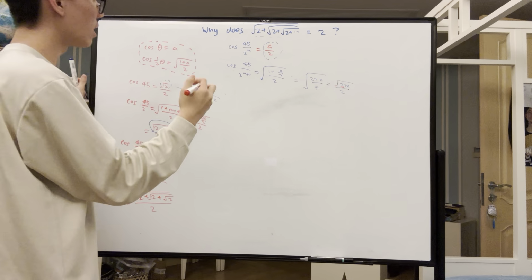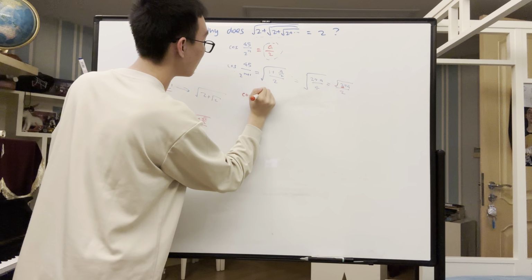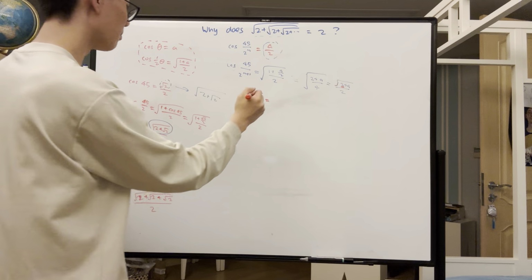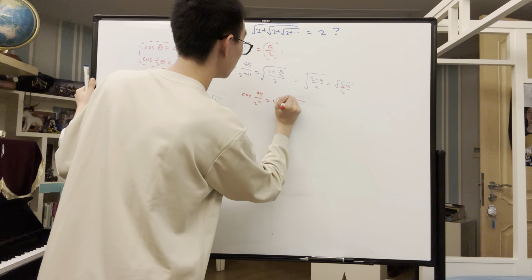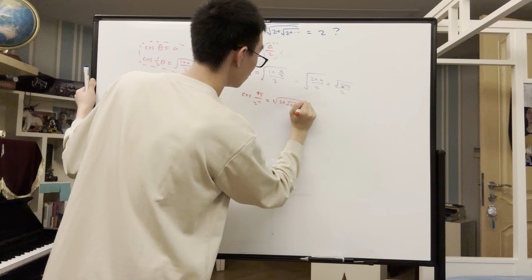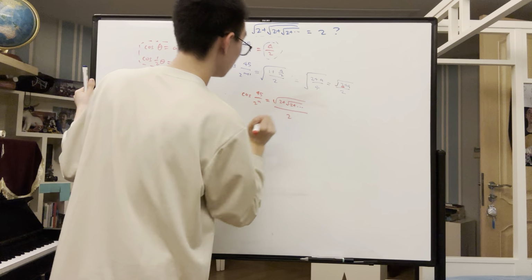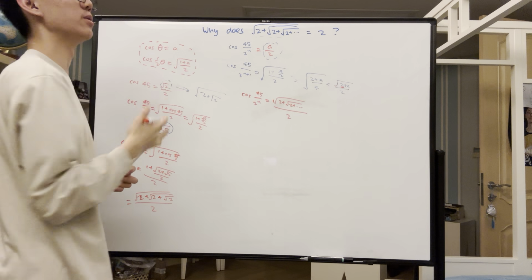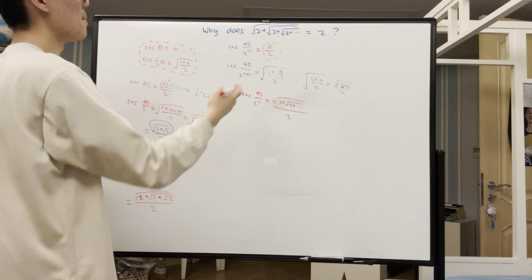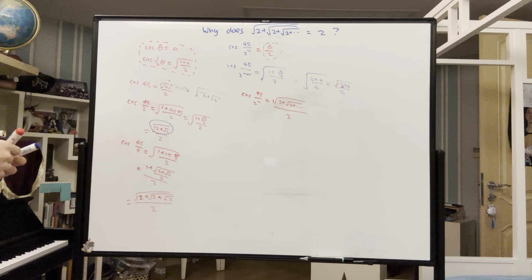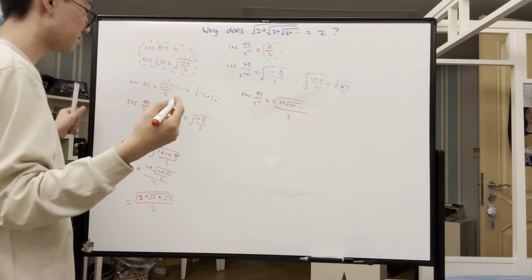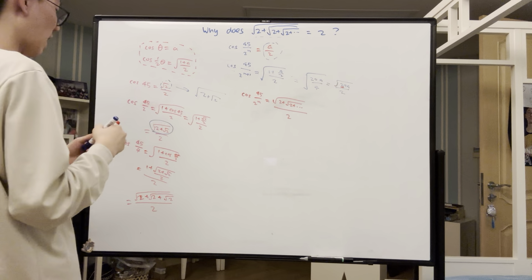Therefore, if we were to have cosine of 45 over 2 to the nth power, this would just be this nested radical, where it's not really that important. For the purposes of solving this problem, it's really not that important how many terms are there. Because what we will do now is we will take the limit of both sides. So originally, we have this.